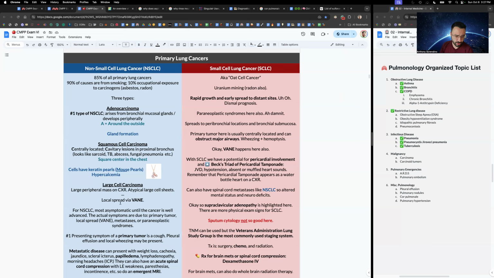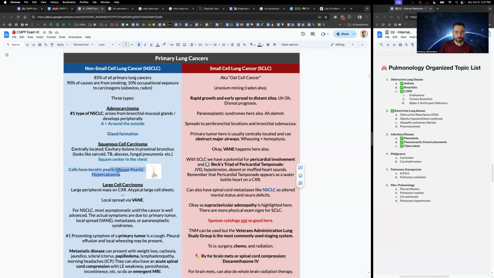Adenocarcinoma starts with the letter A. That's going to be the number one type. It develops peripherally. Think of A for A around the outside. Squamous cell carcinoma, so SCC, is going to be centrally located cavitary lesions.